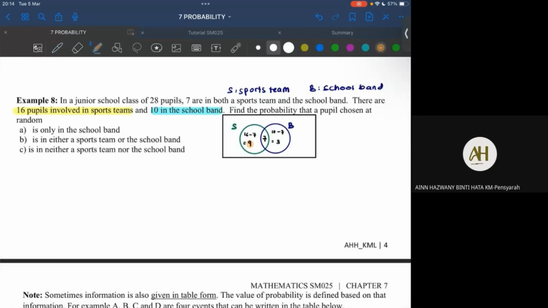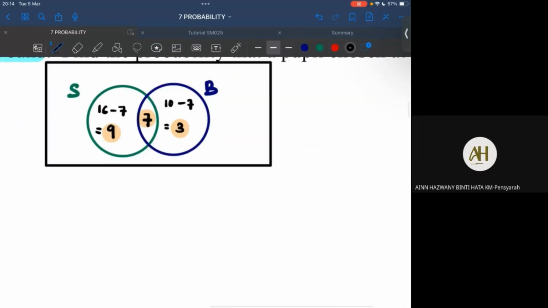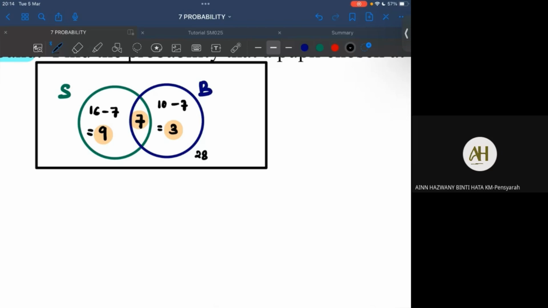Kita ada 9 di sini, 7 di sini, 3 di sini. Total pupils dekat sekolah tersebut ialah 28. Okay, so nilai yang dekat luar tolaklah semuanya. So 28 minus 9 minus 7 minus 3, which is kita dapat 9. Okay, 9.